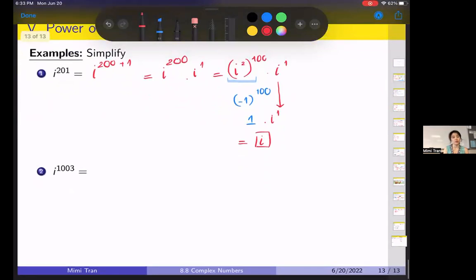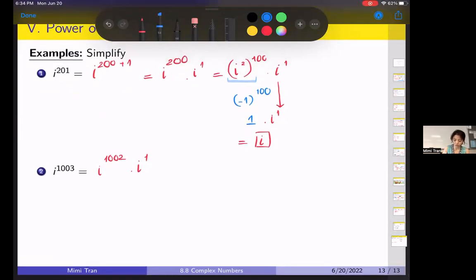Same thing with number 2. You do exactly the same procedure. So again, you're going to split the power 1003 into a number that you can divide by 2, and the smaller one you cannot. So what I'm going to do is I to the 1002 times I to the first. I skipped a step, like 1002 plus 1.